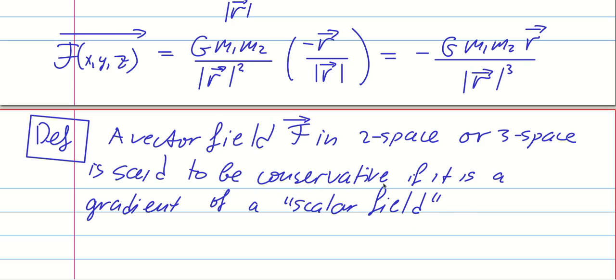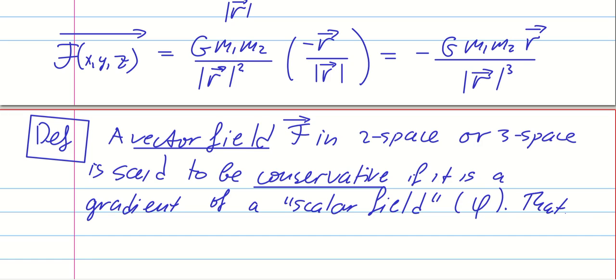So we define the conservative vector field. And this scalar field is usually called phi. That's the usual name for it.